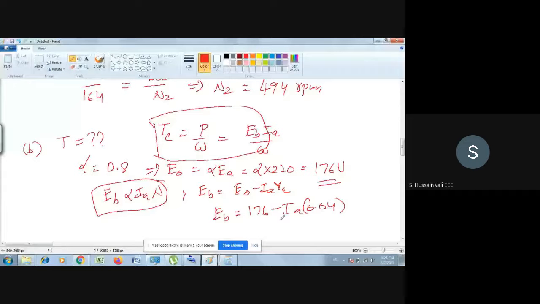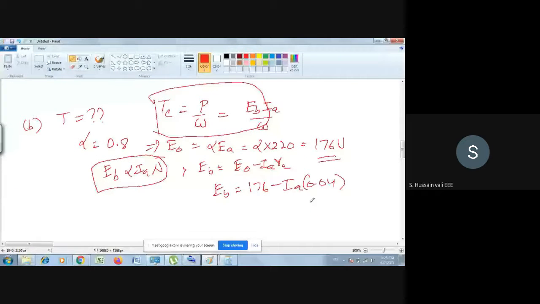So there is no other option other than going for the trial and error method, when he has not given any more data. Sir, we know that EB is directly proportional to IA into N, no, sir. Can we extract one more equation and compare two equations?